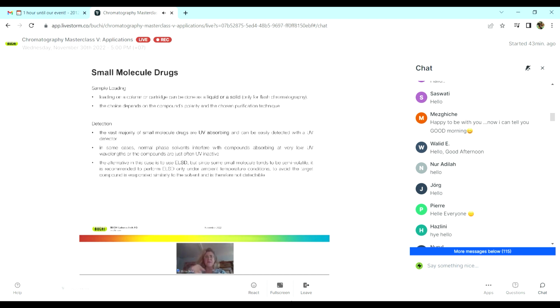They have different UV absorption spectra. In some cases, if you go for normal phase, the solvents can interfere with compounds absorbing at very low UV wavelengths. Then ELSD would also be an option for small molecule drugs. And again, the best is always to combine ELSD and UV to make sure that you see everything, not only your target compound, but also your impurities.